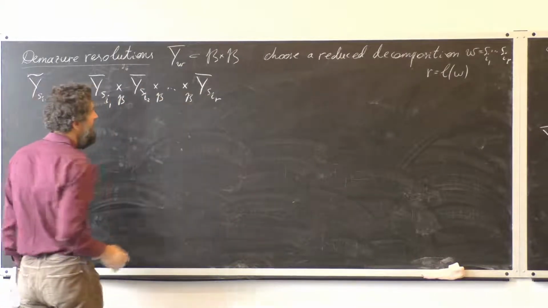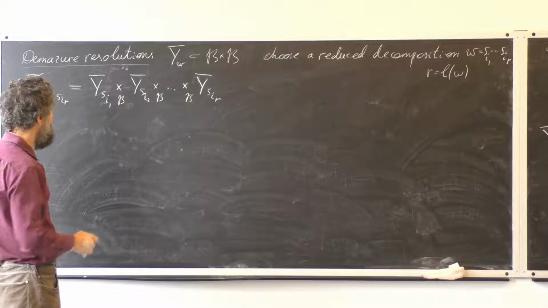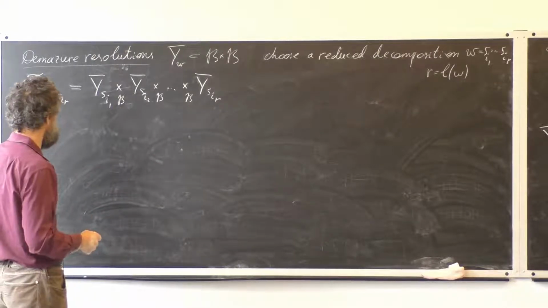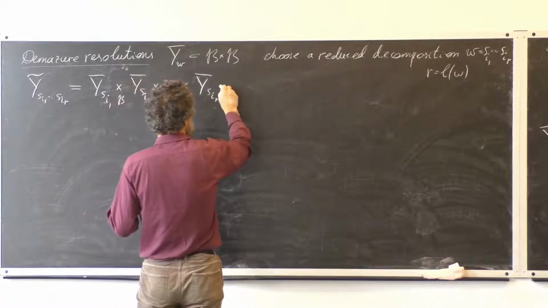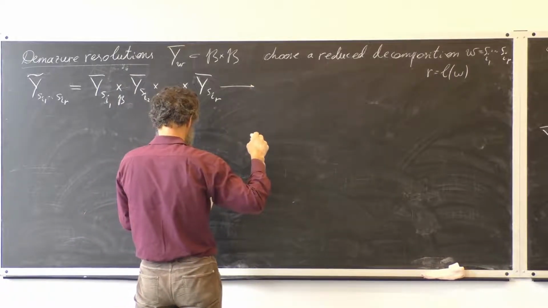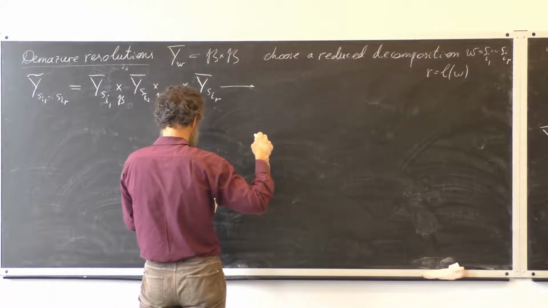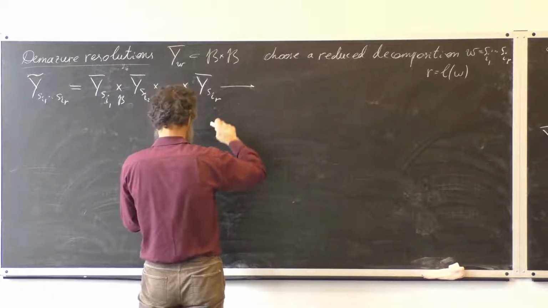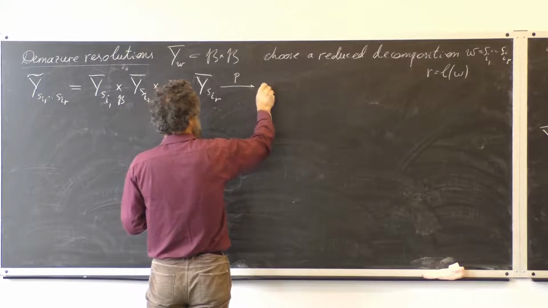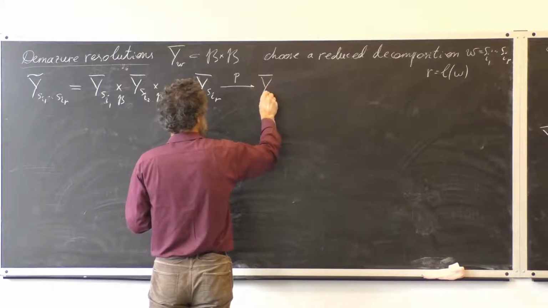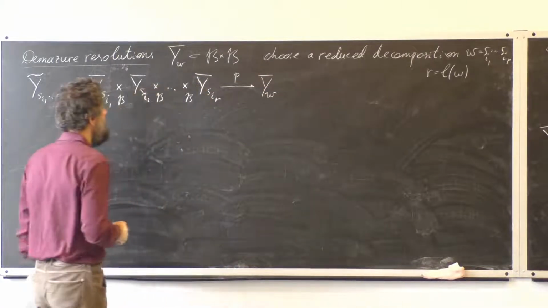You can take this Cartesian product, and it will be smooth, evidently. It also has an evident projection to this.